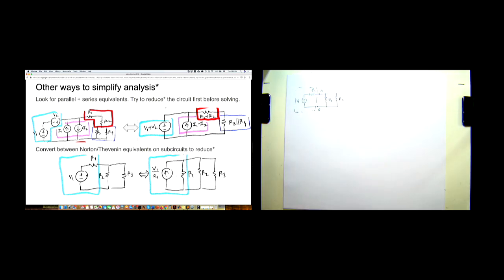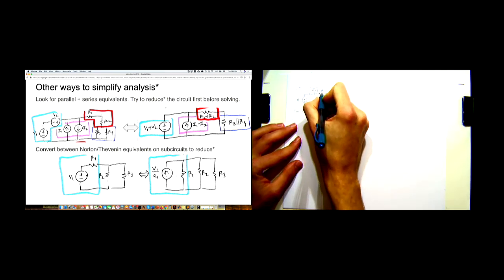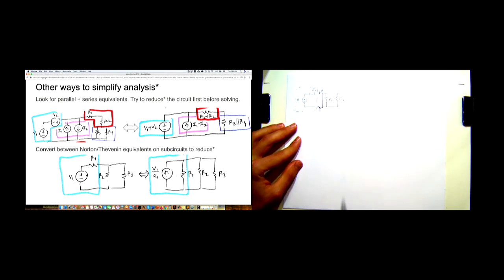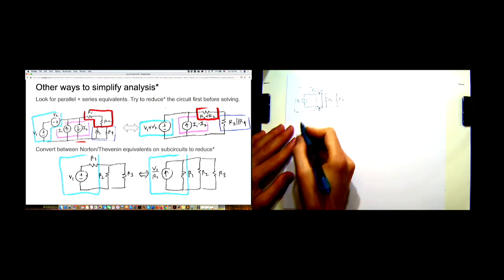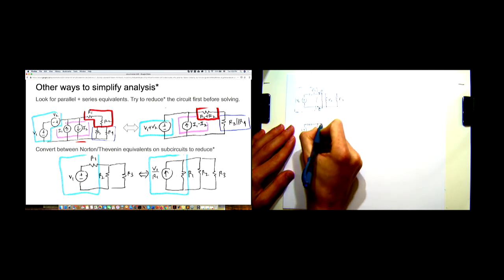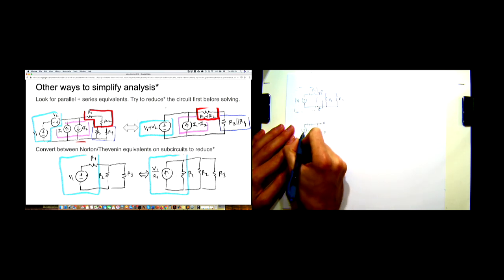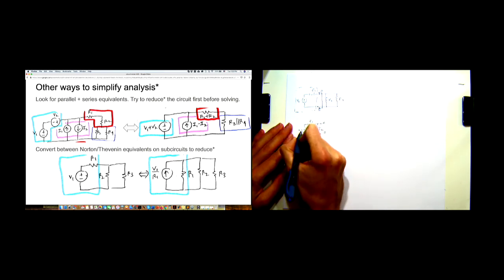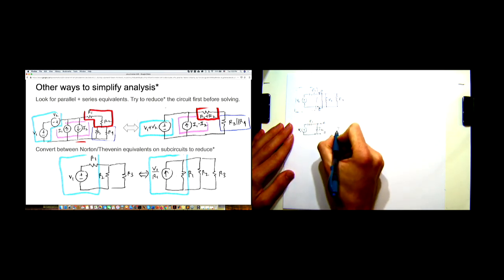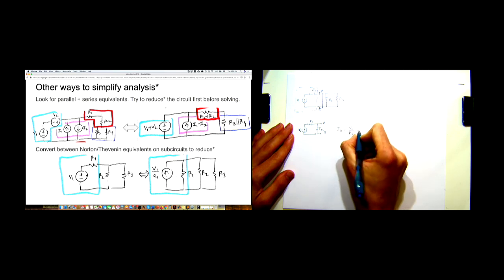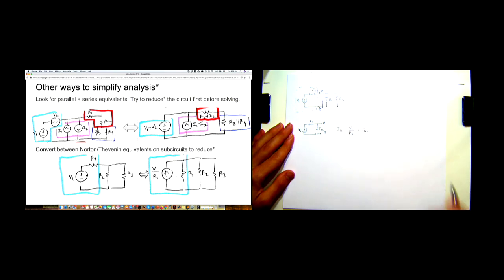So looking to the left of these two points, A and B, what is the short circuit current? The short circuit current is just V1 over R1, and this is your I Norton.